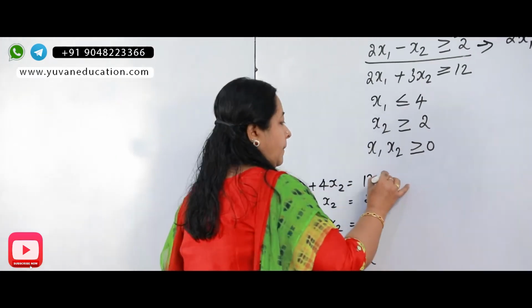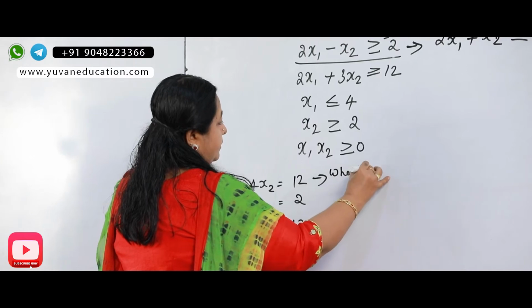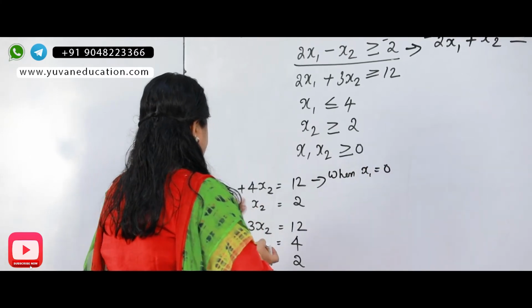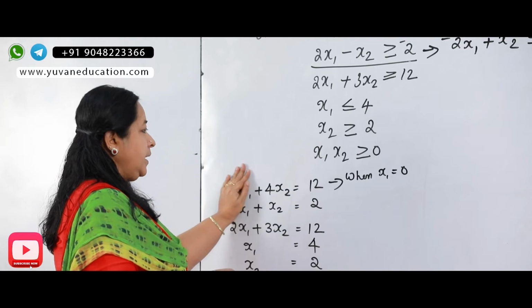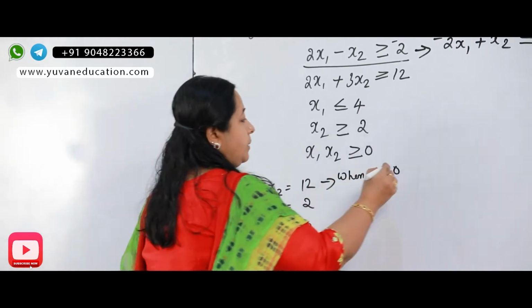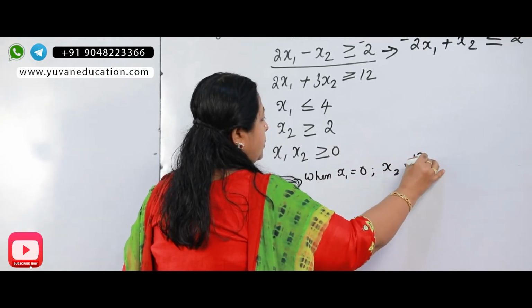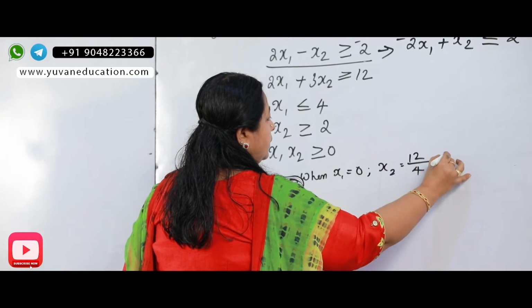See, here when x1 is equal to 0, 4x2 is equal to 12. So, x2 is equal to 12 by 4, 3.